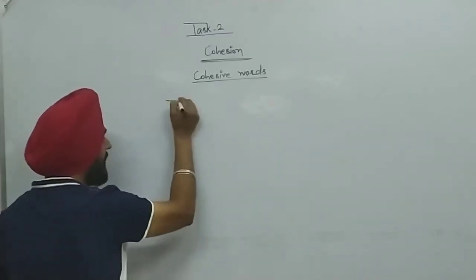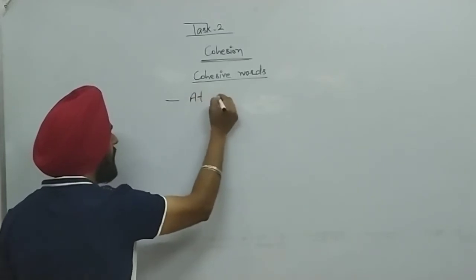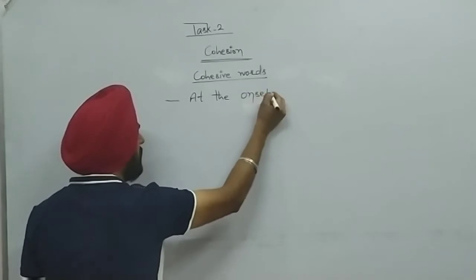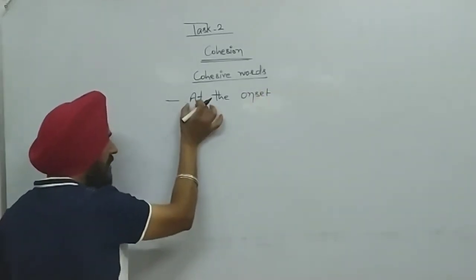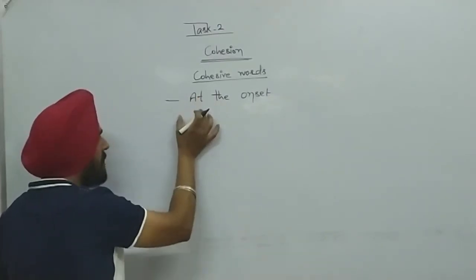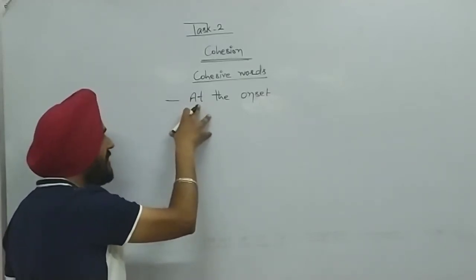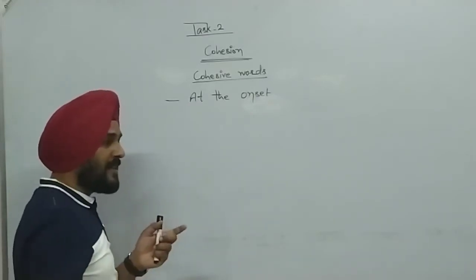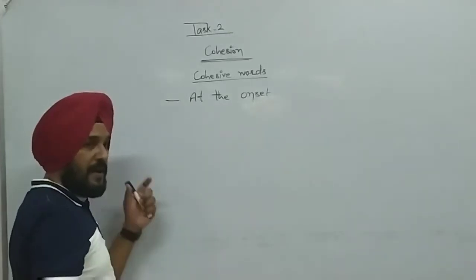The first connector that you can use here can be "At the onset". The first letter of the connector should be capital, obviously, because you are going to write it at the beginning of a sentence. Sometimes you connect your next idea with the previous one, and at that time also you use a connector.